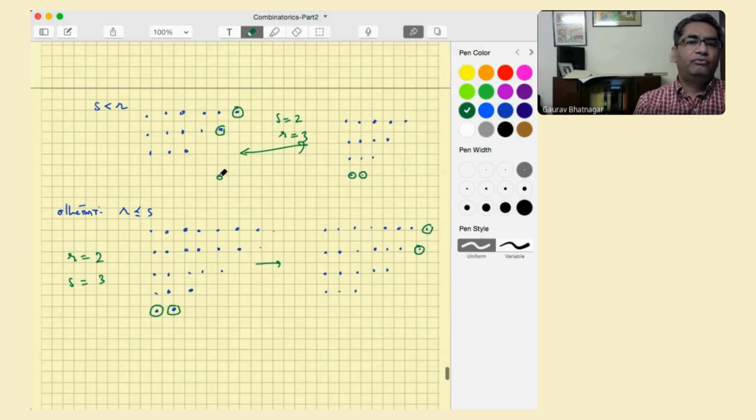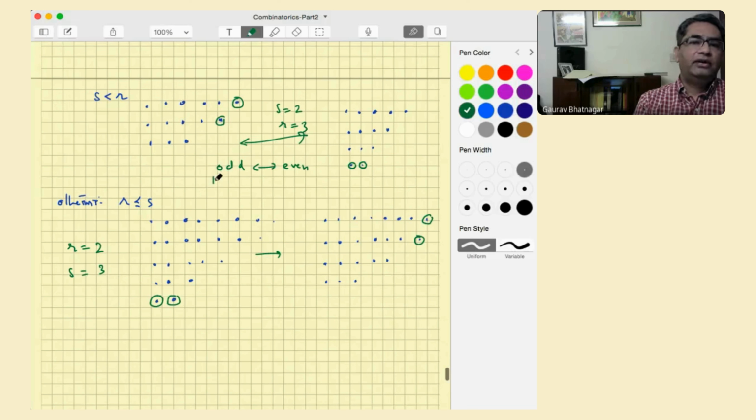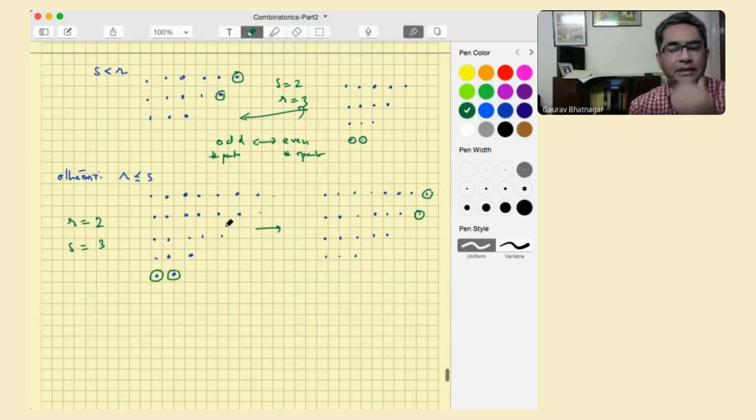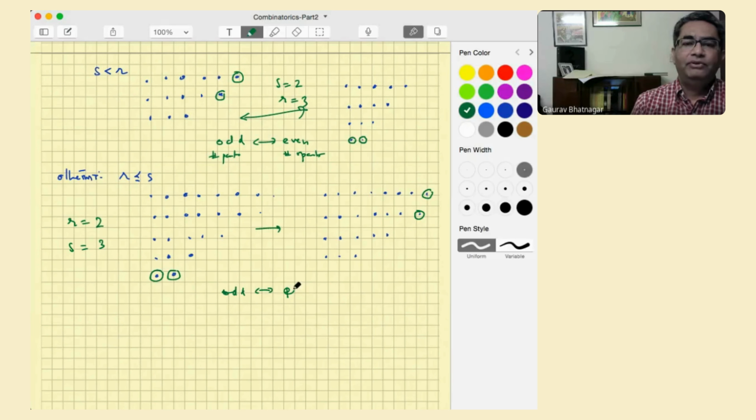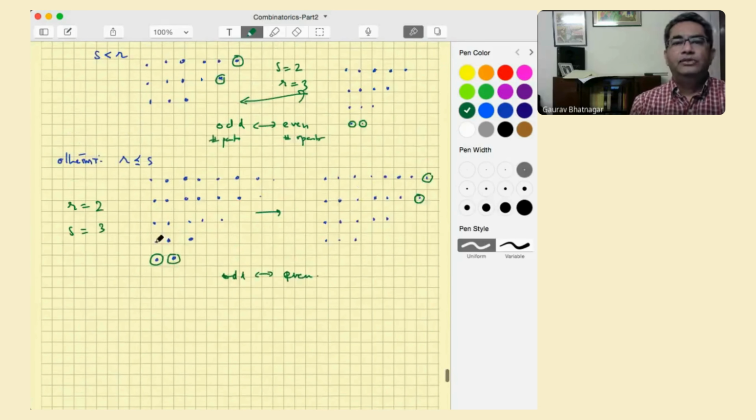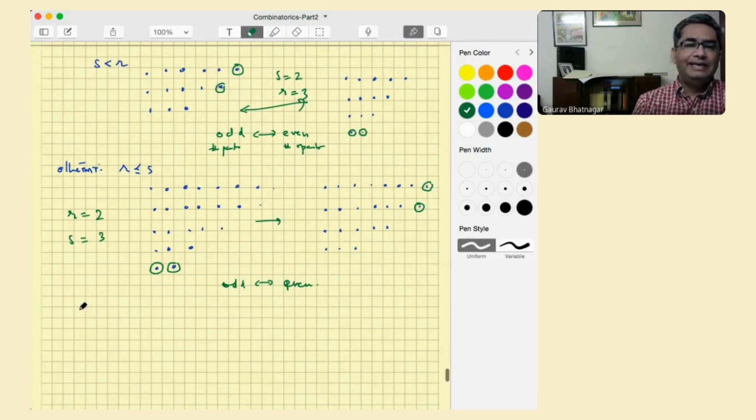You can go from odd to even parts, so an odd number of parts to an even number of parts. So they match up. We are summing over the number with even parts and the number with odd parts. These will cancel. Again the same thing here, 1, 2, 3, 4, 5. Again odd will get mapped to even.